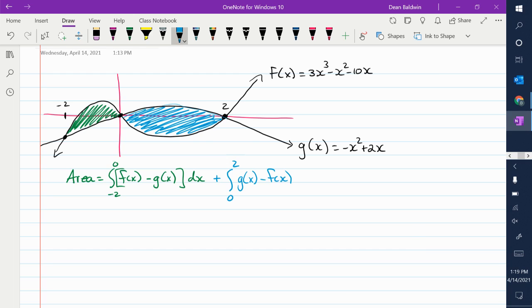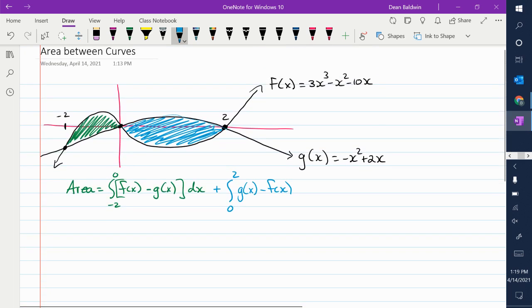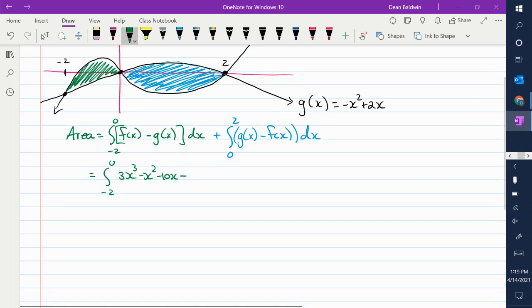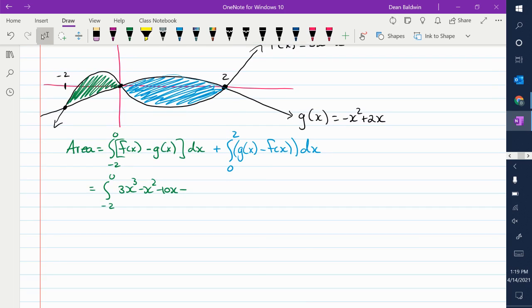All right, so let's do this. You have two separate integrals that you have to do. So the green stuff. Oh, you're right. I should have a d of x there. Thank you. So integral from -2 to 0. F of x is 3x cubed minus x squared minus 10x minus, as soon as you're subtracting a whole function, what do you need to remember to do? Bracket, right? Or remember to carry the sign.